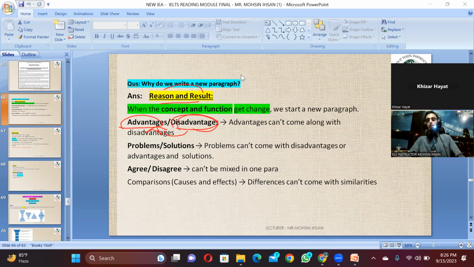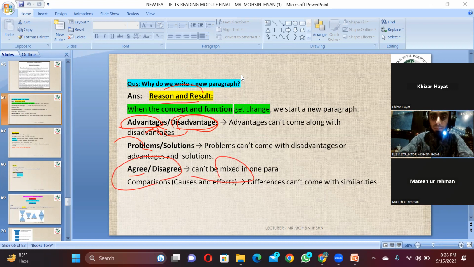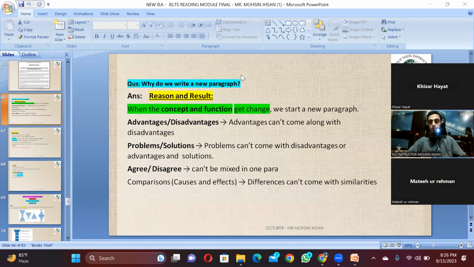It can be anywhere in the paragraph. Now, if a paragraph is discussing some problems, the solution would not be there. The solution would be included in some other paragraph, right? Because one paragraph means one idea. Agreement cannot be mixed in one paragraph with disagreement. So this is clear to you, because you know that one paragraph means only one idea.